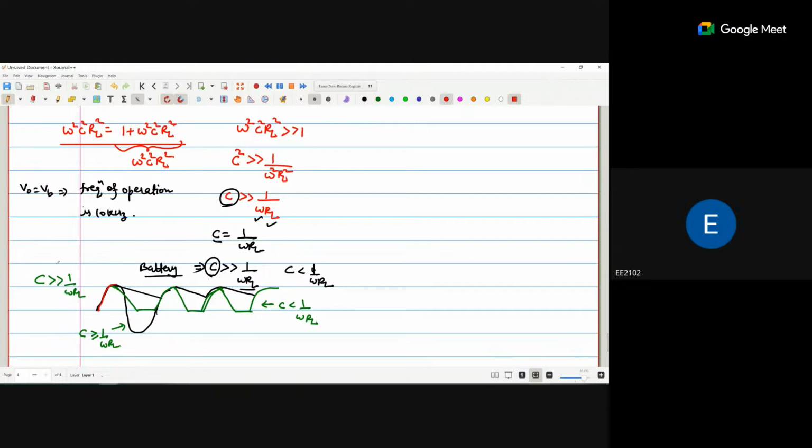It will charge, hold constant voltage, minor charge, constant voltage, minor charge, constant voltage. So this red one is C greater than 1 upon omega RL. These are the three different conditions, and in this way we can decide the value of capacitance.